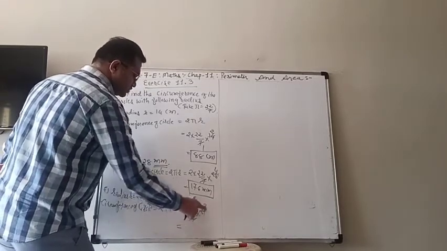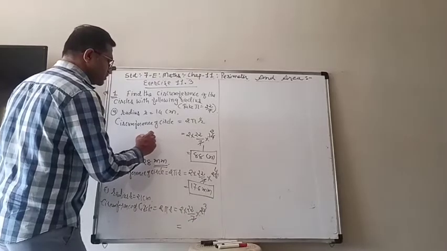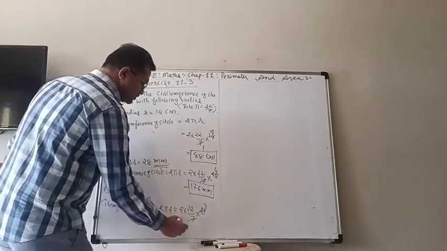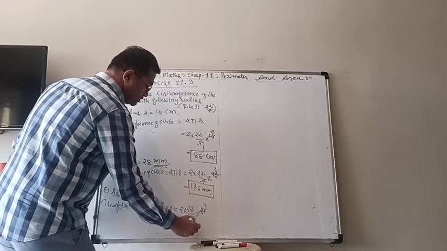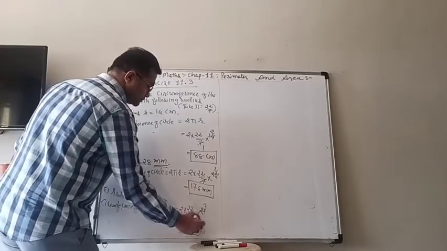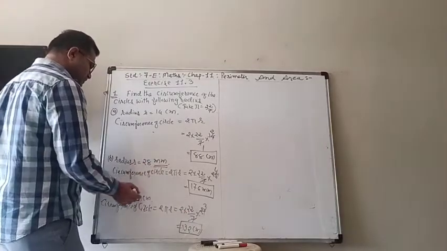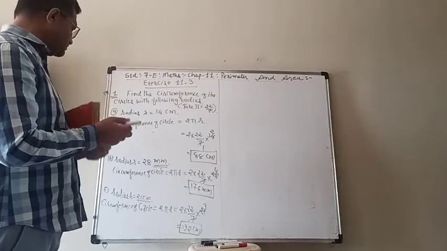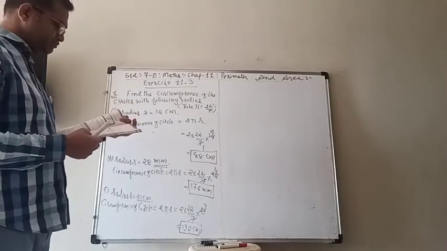So 22, 3 2s are 6, 6 2s are 12, 6 2s are 12 plus 1, 132. So it is 132 centimeter. Whatever unit is there for the radius, you have to put the same unit for the circumference.